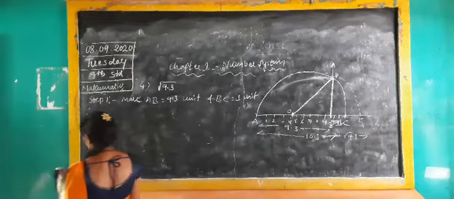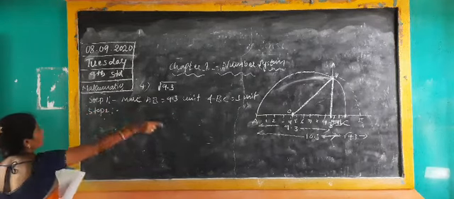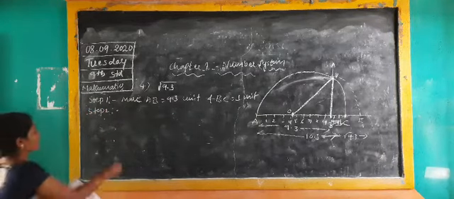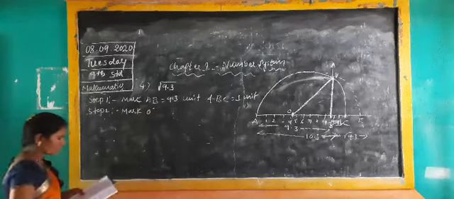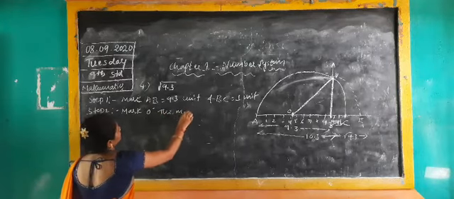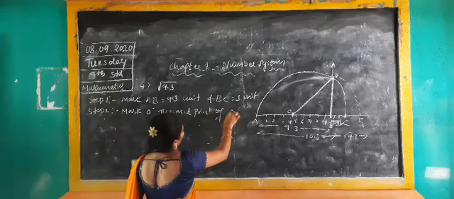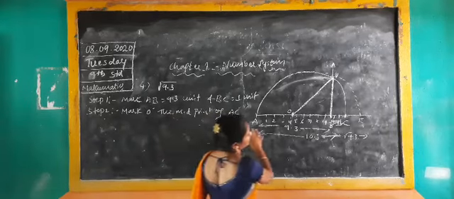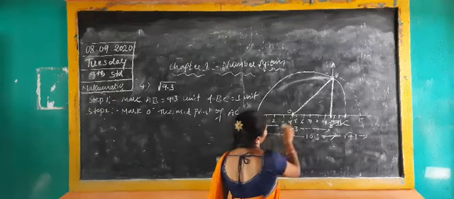Okay, whatever I did, that I am ready. Next, step 2. The diagram I did, write it. Mark O, the midpoint of AC. If I consider AC, total 10.3, the midpoint will be 5.15 you will get.